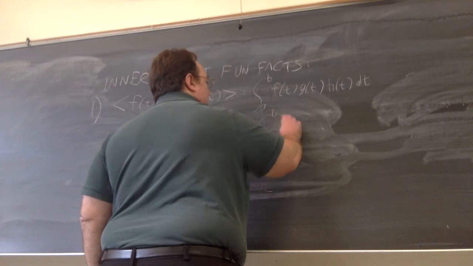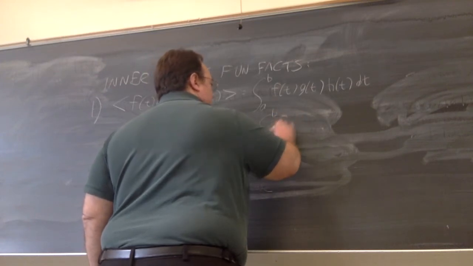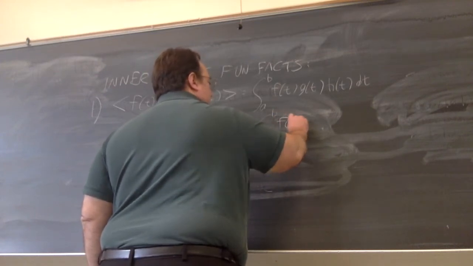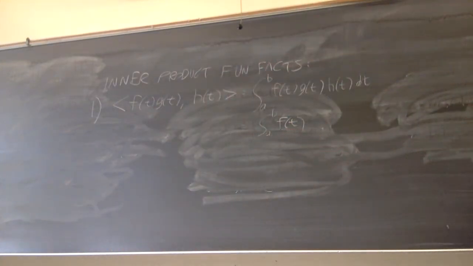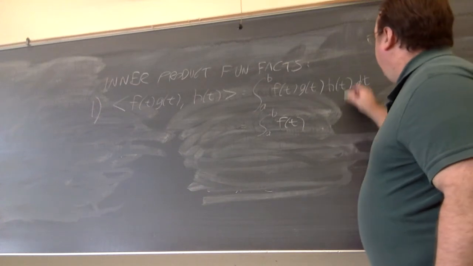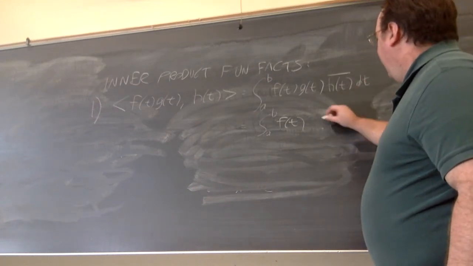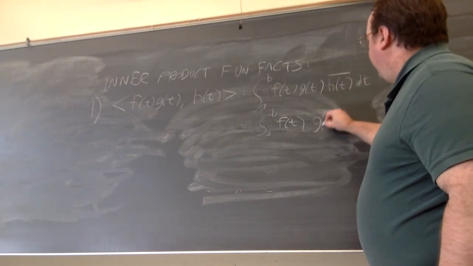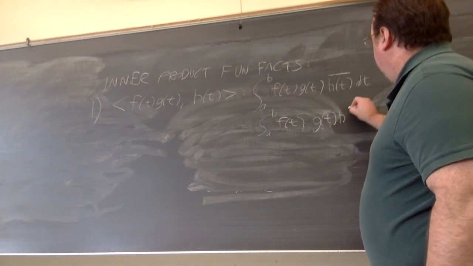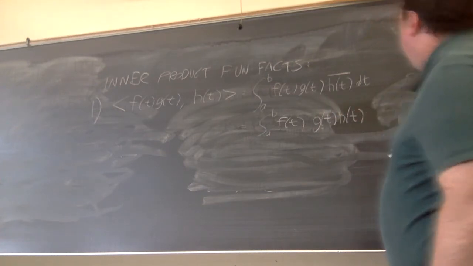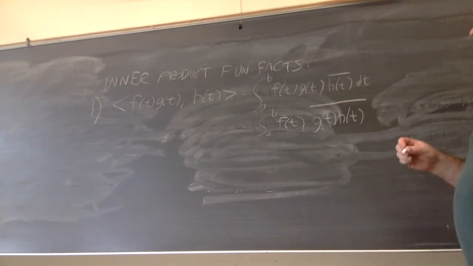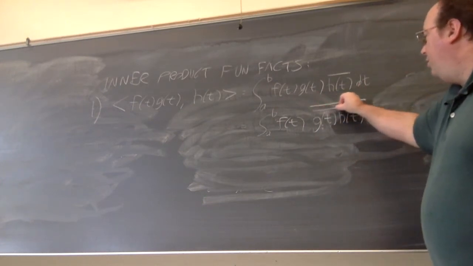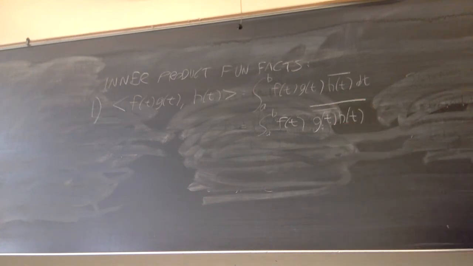I can associate g with h instead of f. Well, that has to be conjugated. So I could think of it this way, where I'll put a conjugate over the whole thing as long as I also put 1 over g, so effectively that one is undone.